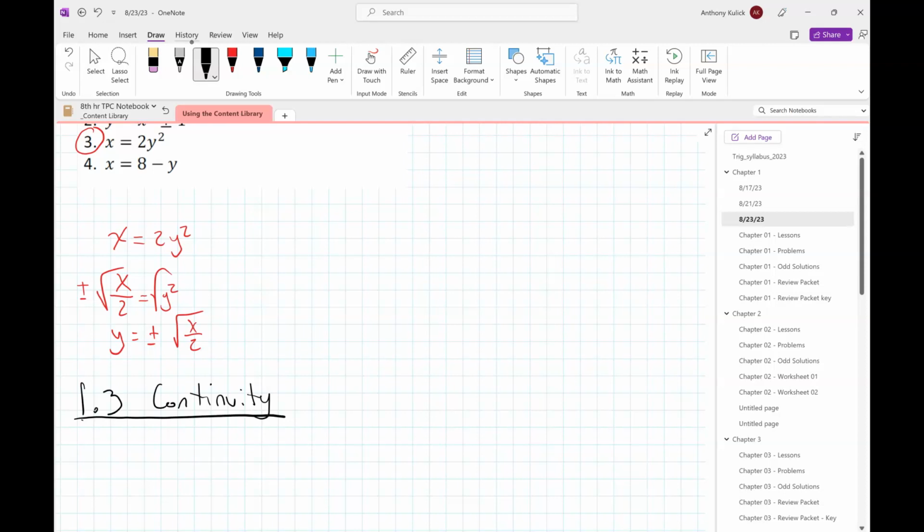At least not continuous everywhere. It's still continuous for part of it, but there's a point where it's no longer continuous and then a part where it continues again. We call any break in continuity a discontinuity. And there are 3 types of discontinuity.